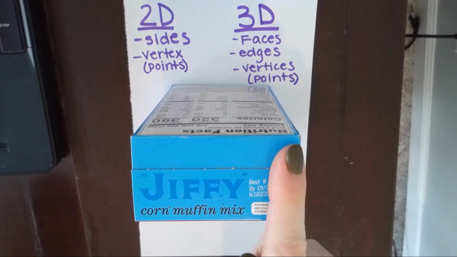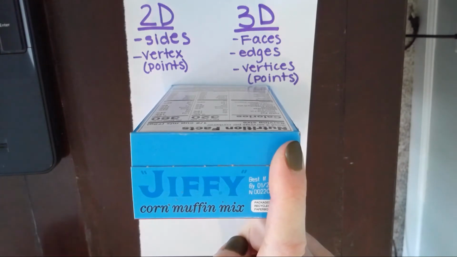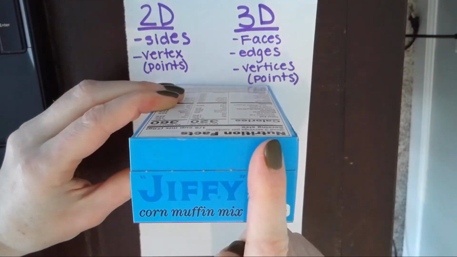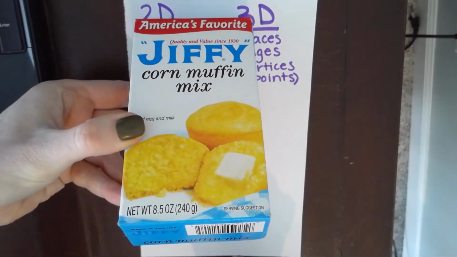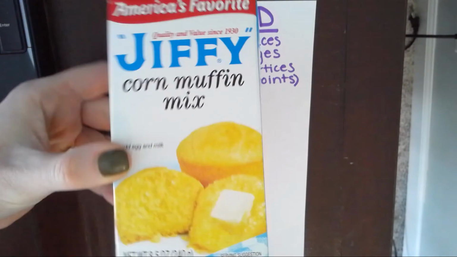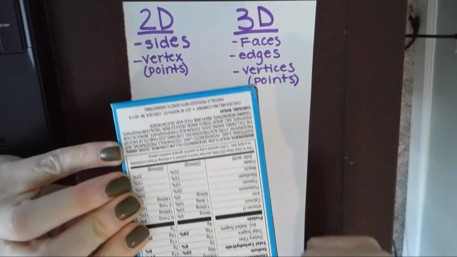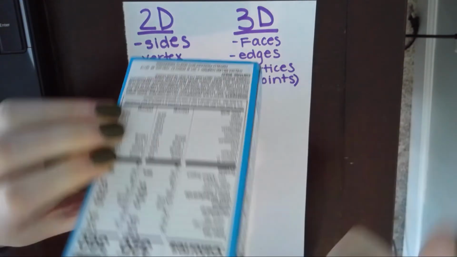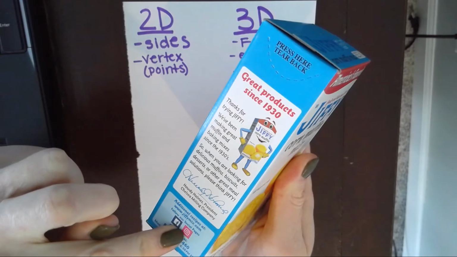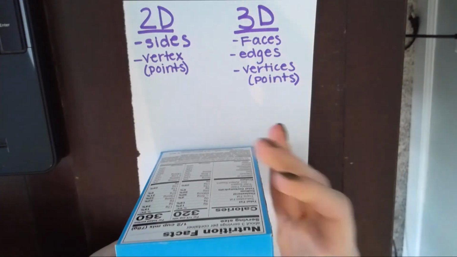So if I were going to count the faces on this box of corn mix, I could take the top 1, the bottom 2, the front 3, the back 4, and both sides 5 and 6. So this shape would have 6 faces.